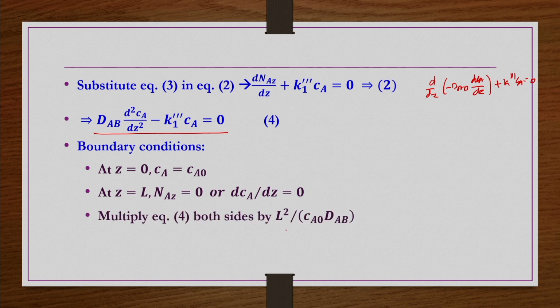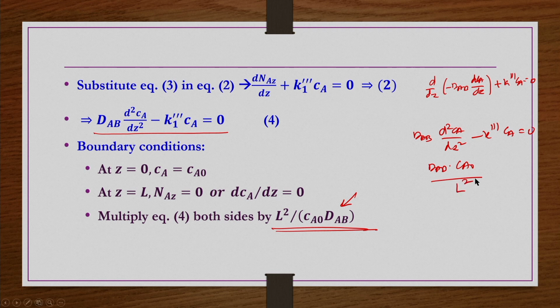Now, we are multiplying both sides of this equation by L square divided by Ca naught DAB. Why are we doing this? We are trying to non-dimensionalize the equation. How does this L square by Ca naught DAB come? Because in the equation DAB d square Ca/dZ square minus K1 triple prime Ca equals 0, in place of Ca we can have Ca naught, and in place of Z we can have L square.